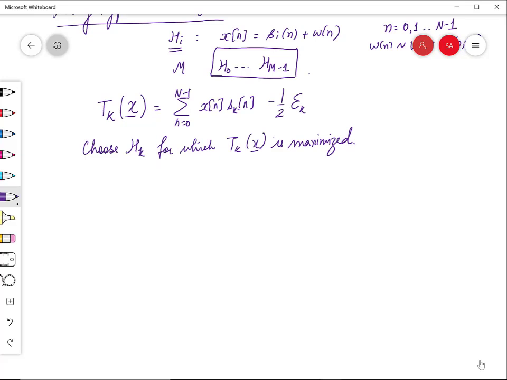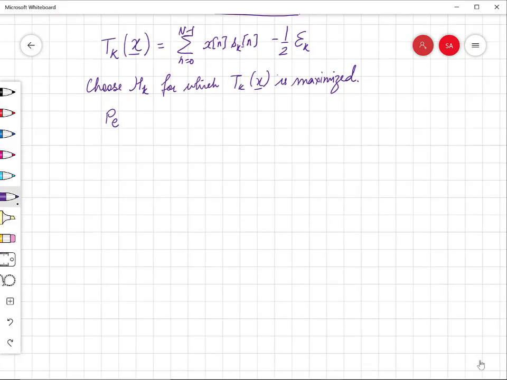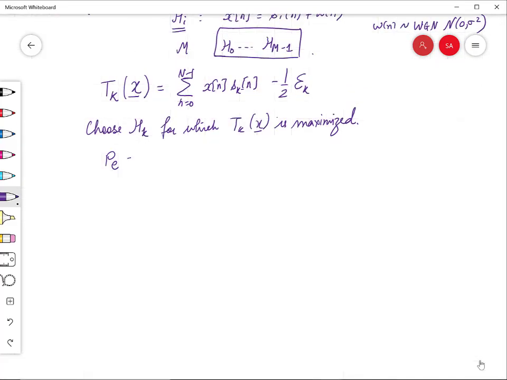Now in this particular case, finding out the probability of error is really tough. Let me show you why it is tough and what we are going to do to tackle that problem. So PE can be written as the probability of Hi given Hj was correct times the probability of Hj, and then there are two summations here: summation over i goes from 0 to M minus 1, and j goes from 0 to M minus 1, and j is not equal to i.